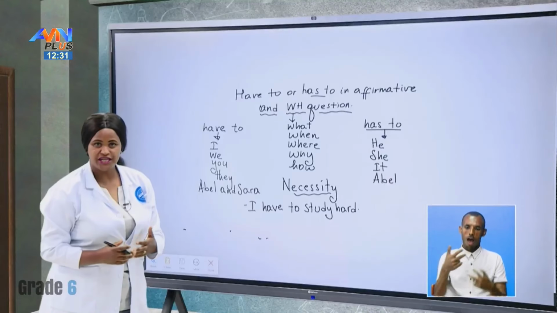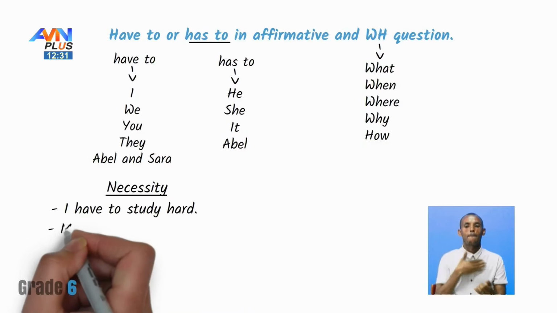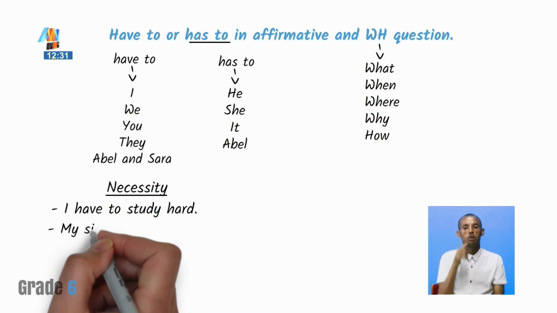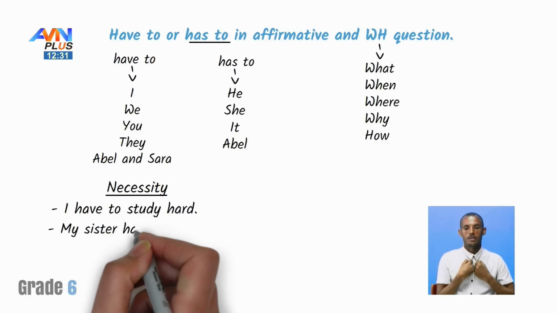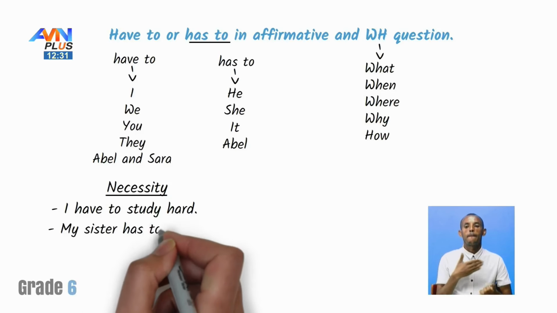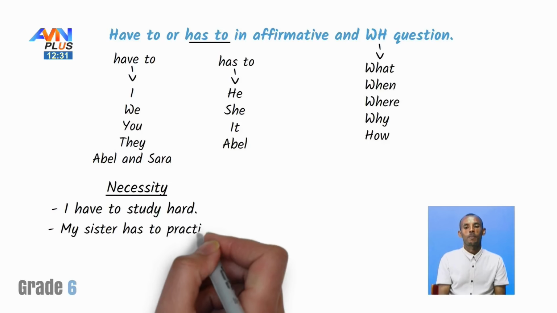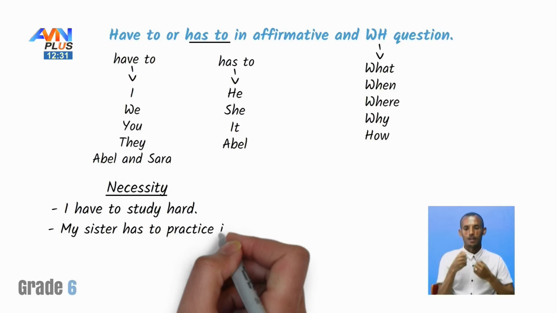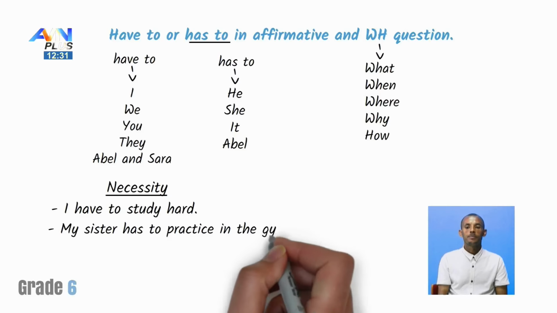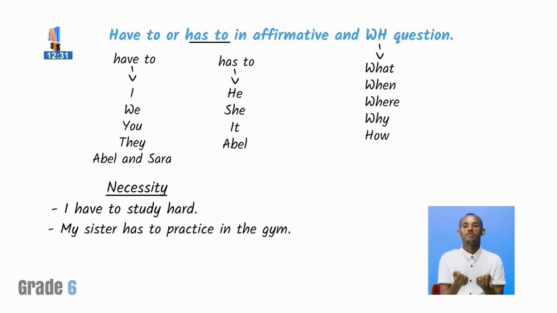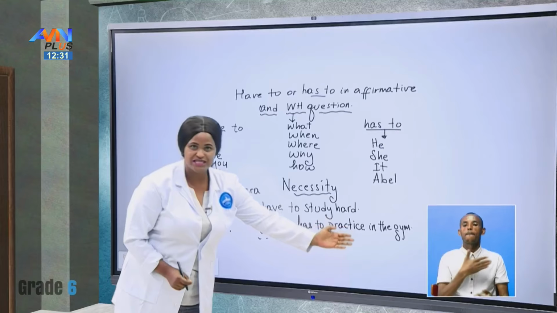I have to study hard. Or you can say, my sister has to practice in the gym. Look, I have to study hard. My sister has to practice in the gym.